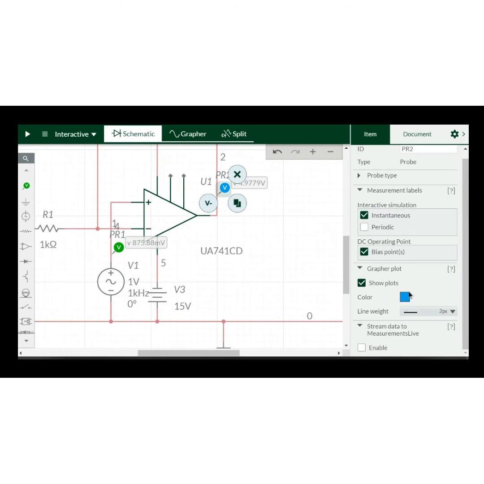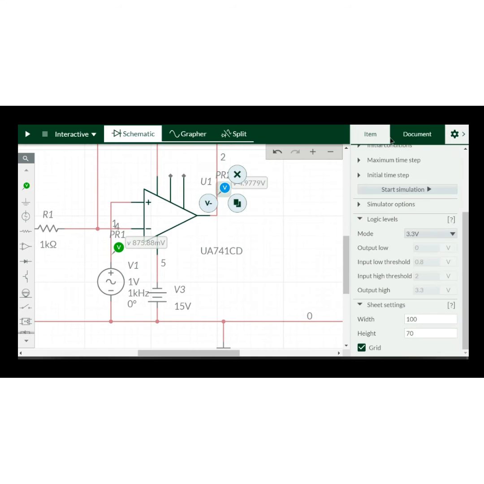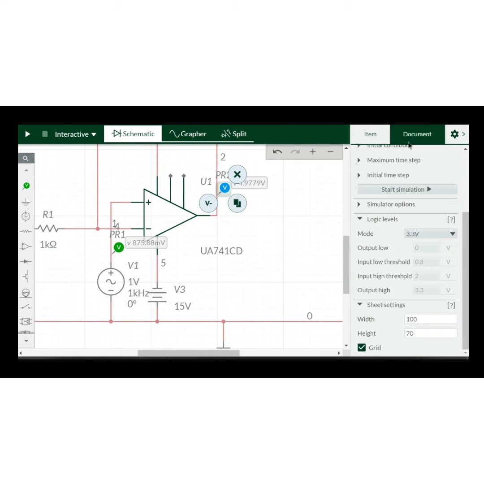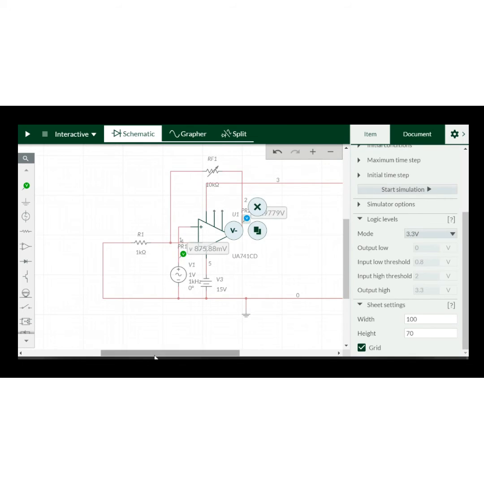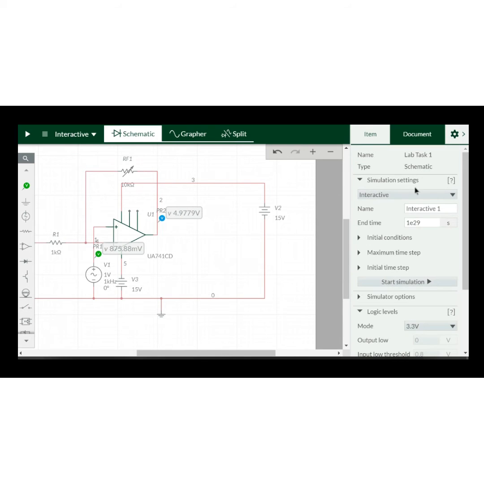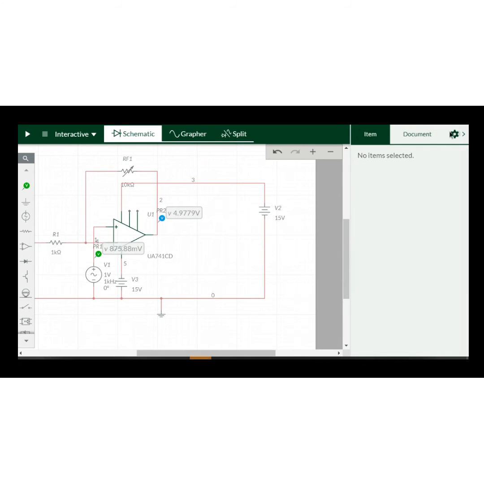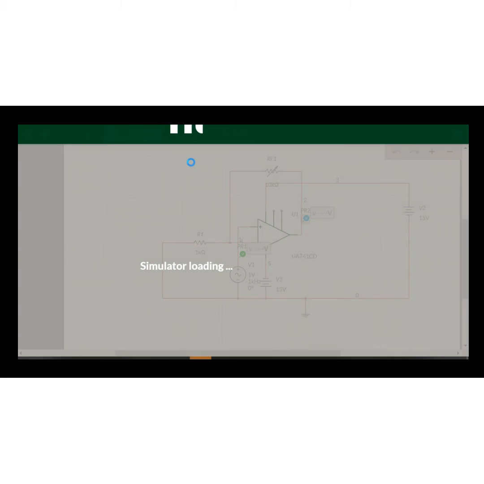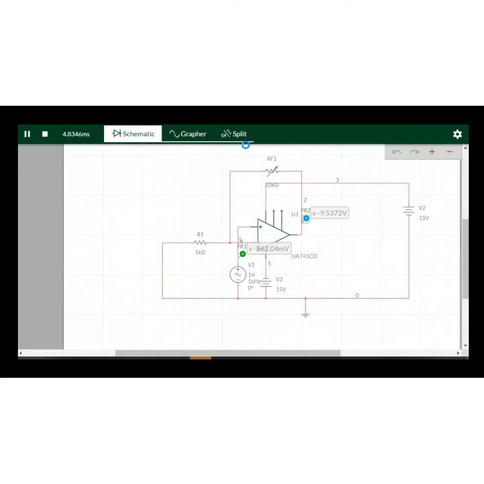After that, run the schematic diagram. After running it, you can click the split button at the bottom to see the graph.